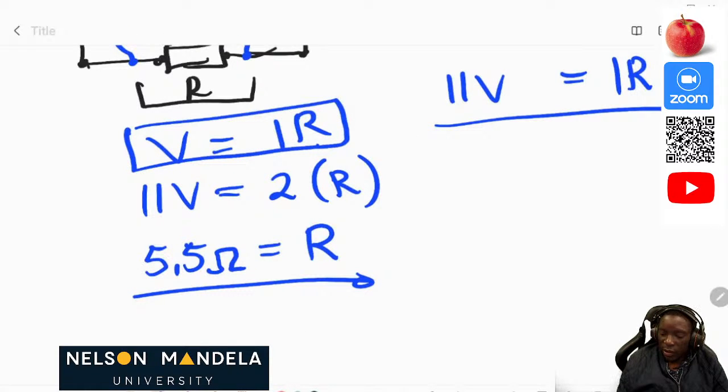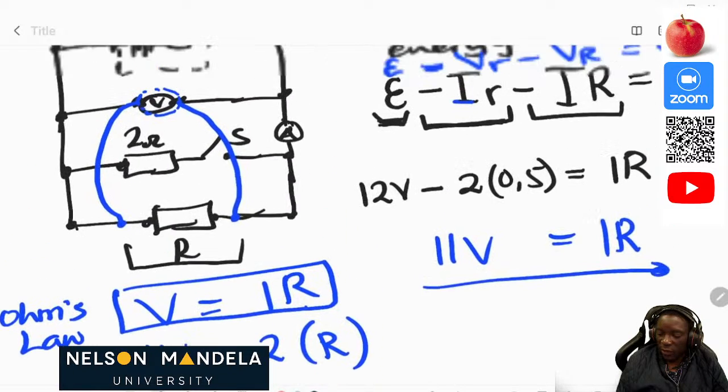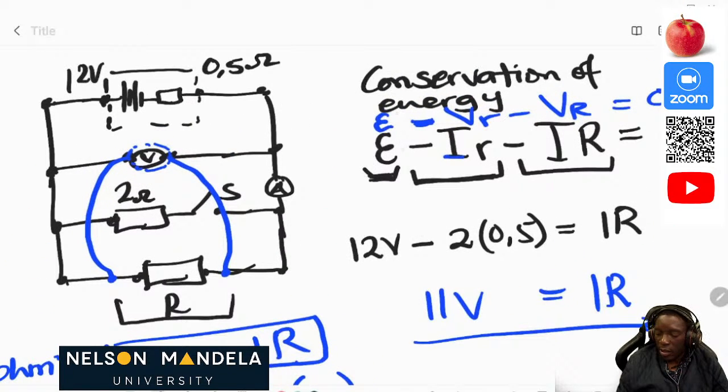So we use V equals IR from Ohm's law to express 11 volts equals I times R, and I being 2, V being 11, we get R equals 5.5 ohms. So that's how we get 5.5 ohms. I was saying this formula that we used here is a derivation from Kirchhoff's law, which says the sum of all EMFs and potential differences in a closed loop is zero.